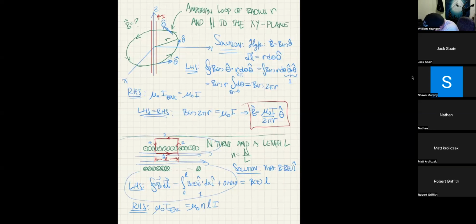These currents are, of course, currents I. So left-hand side equals right-hand side gives us that B of Z times L is equal to mu 0 n L I, or B is equal to mu 0 lowercase n times I in the I hat direction.